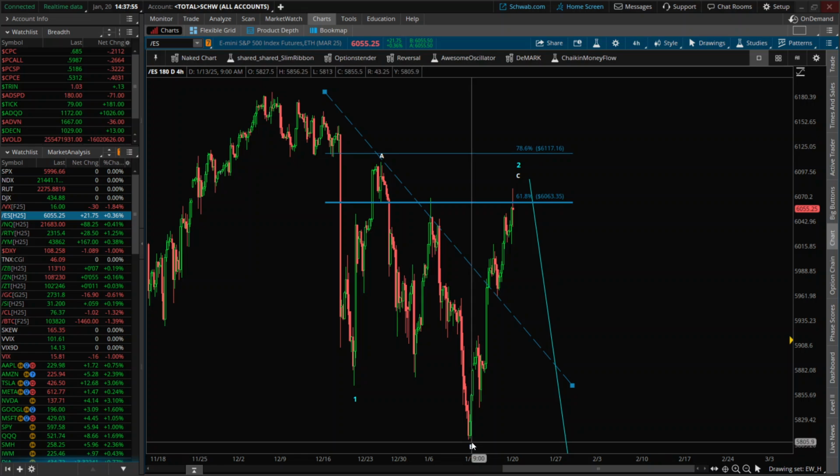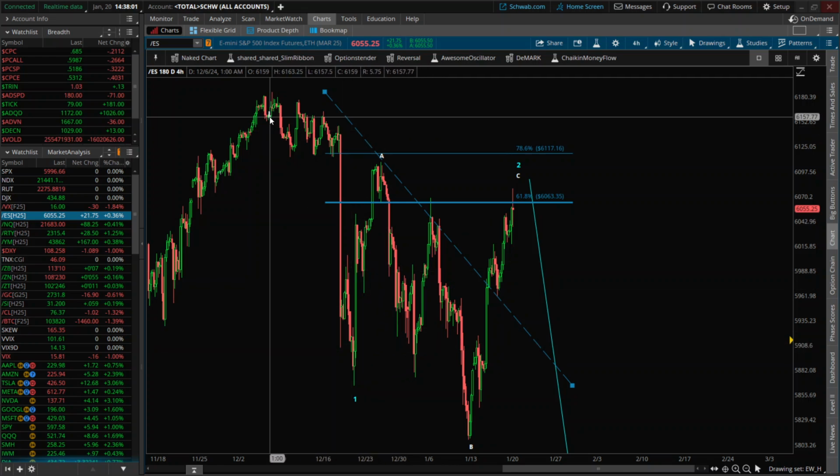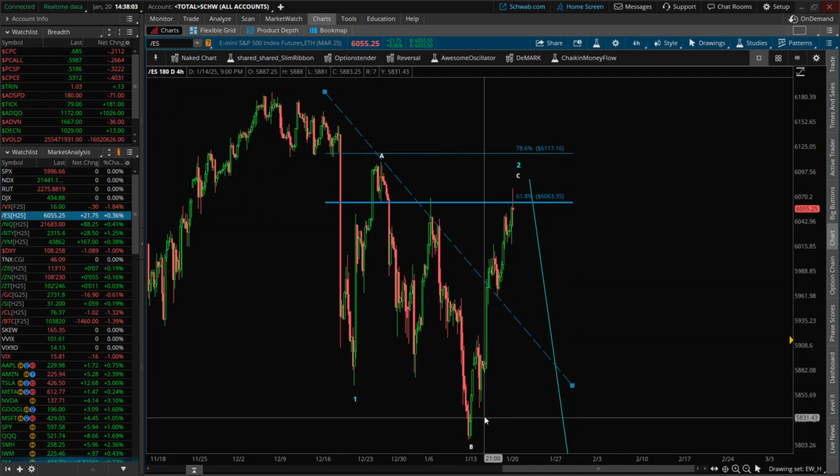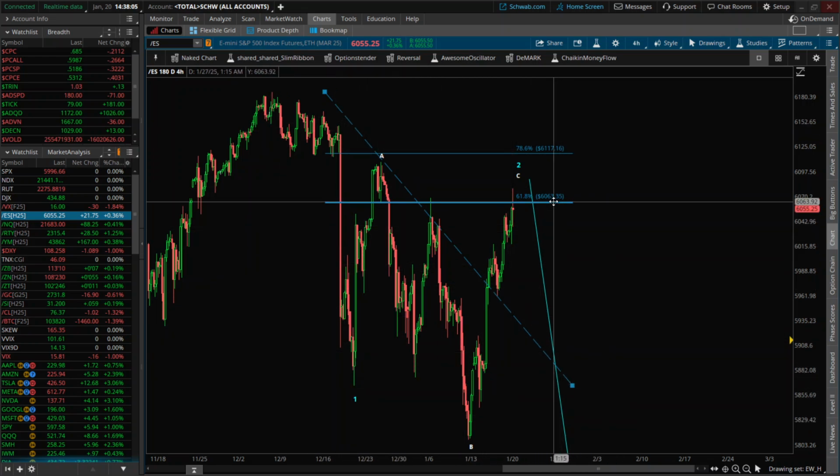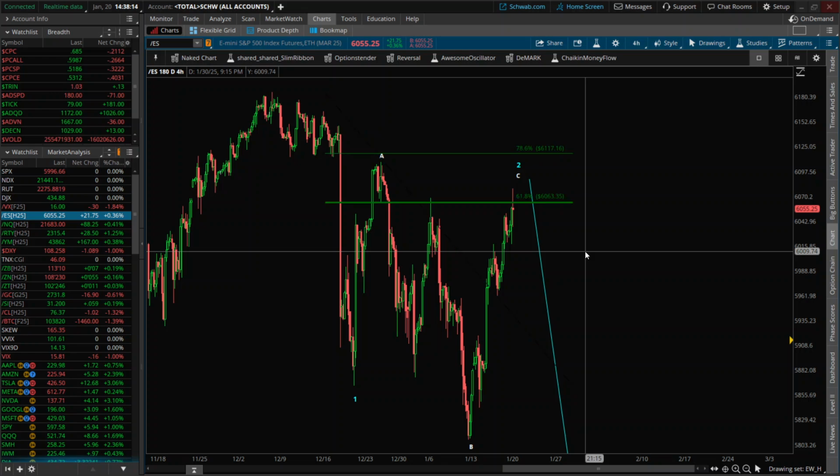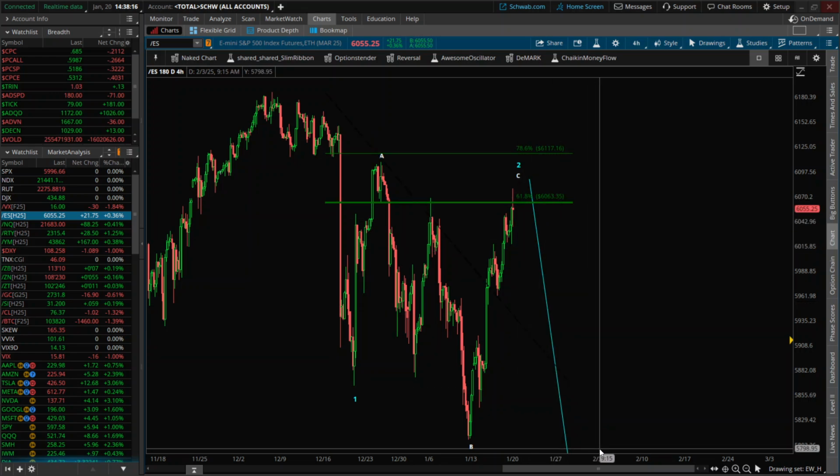Notice that we didn't go to the bottom of B. Okay, there's other ways you can do this, but this seems to make more sense. Where 1, you have the running flat, and we're right back into that golden ratio, rejecting off of it in confluence with the channel top. Okay, and then we reject from there.